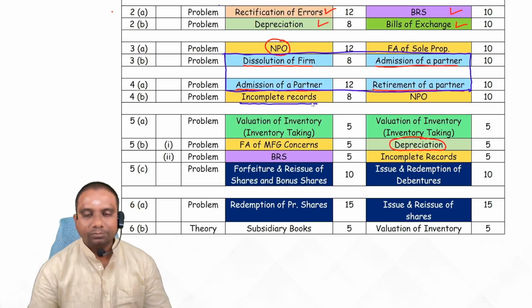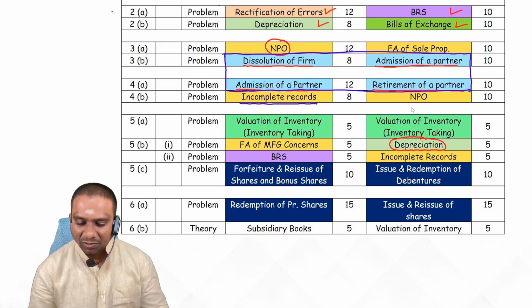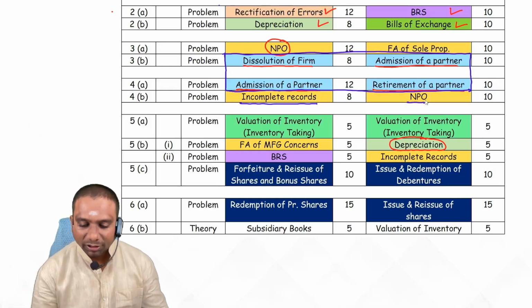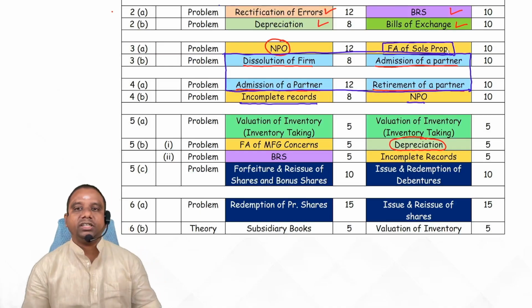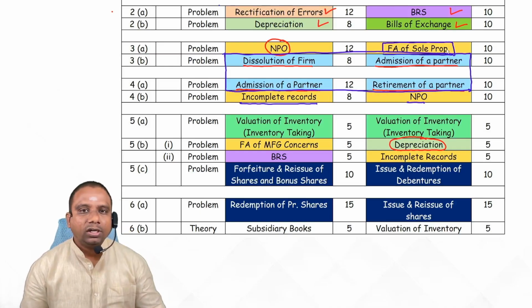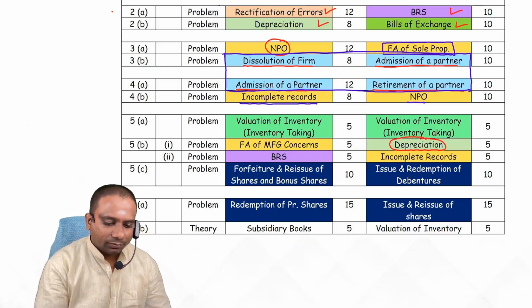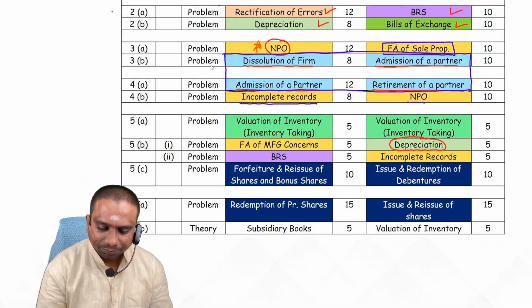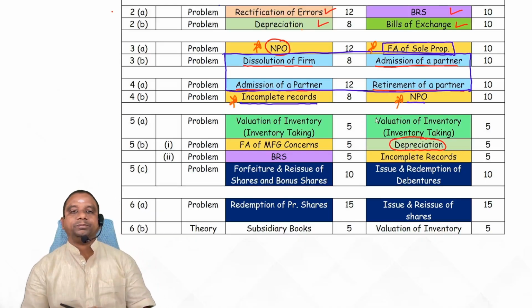After that, observe incomplete records problem. In June 2024 they have asked incomplete records, 4B NPO here. In September 2024 they have asked a question from final accounts of sole proprietorship. Observe, students. Now compare 3A and 3B put together: NPO, final accounts of sole proprietor, incomplete records, at the same time NPO again.